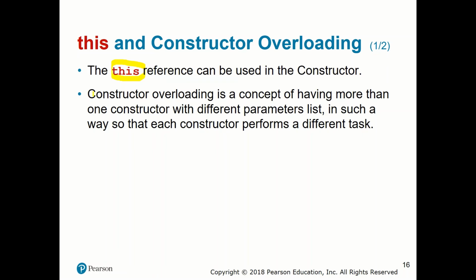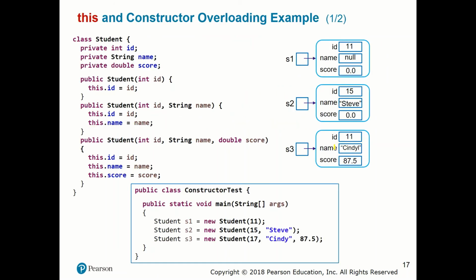Constructor overloading is a concept of having more than one constructor with different parameter lists, in such a way that each constructor performs a different task. Okay, so let's see this one. If you see the example, you will understand constructor overloading very easily. But I want to show that the this keyword is very important here.